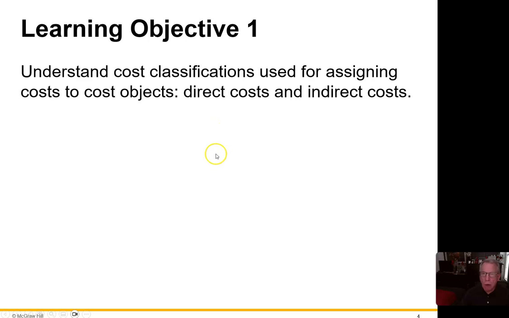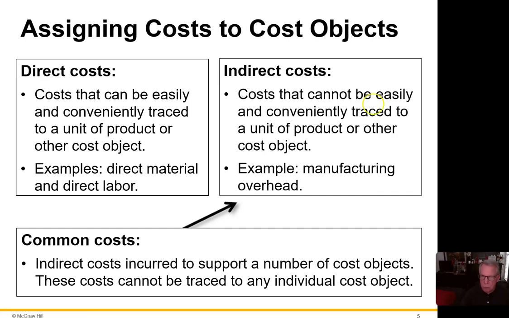Okay, so our first learning objective is understanding these cost classifications that we use for assigning costs to cost objects. We have direct costs and we have indirect costs. What are direct costs?